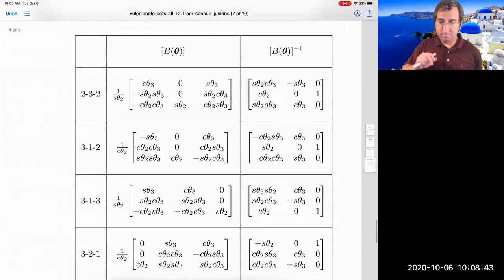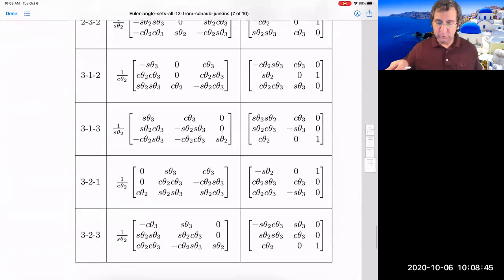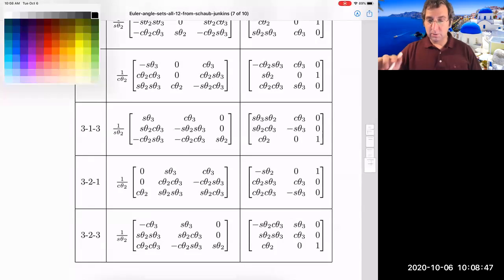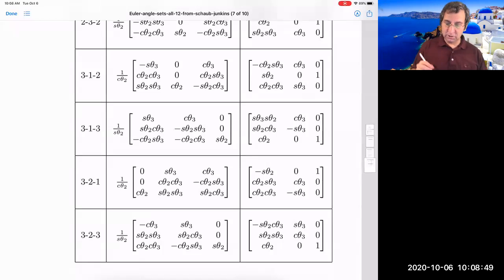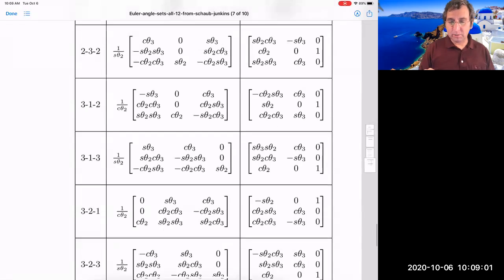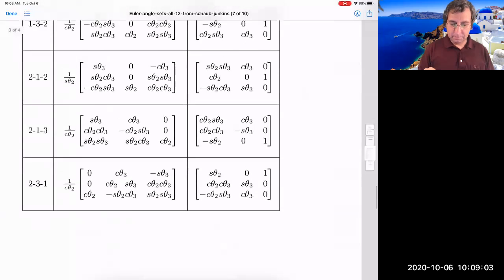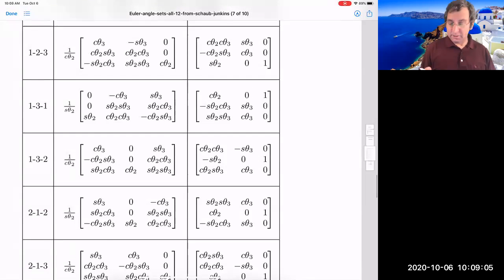Okay. So you've got what you need for all of the conventions. So there is something to note here. All of these B matrices, they'll have like a 1 over and then some either cosine or sine of some angle in front. And that leads to problems.